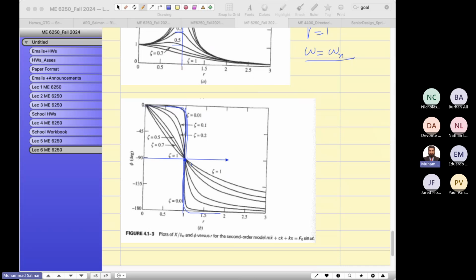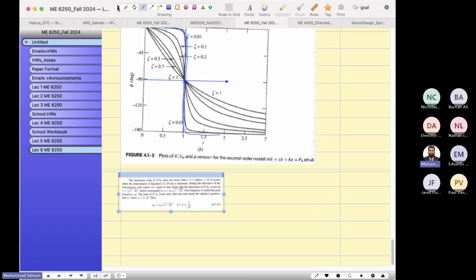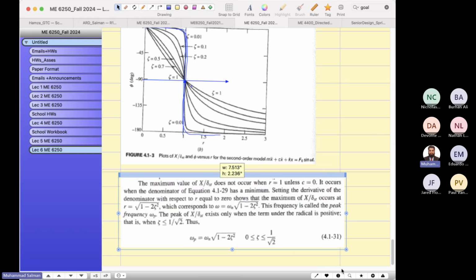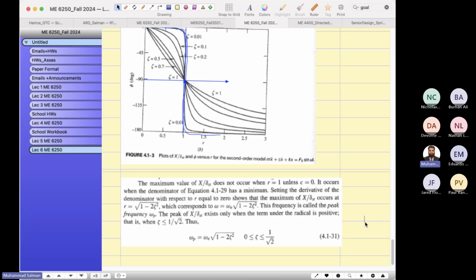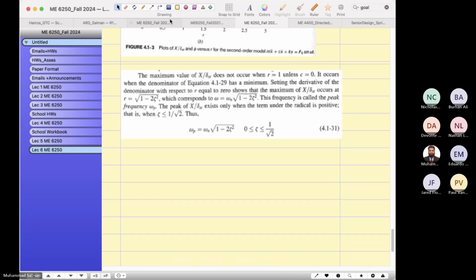One more formula: what happens when you have resonance with the damper involved? If there is no damper, then resonance will occur exactly at r equals to 1.